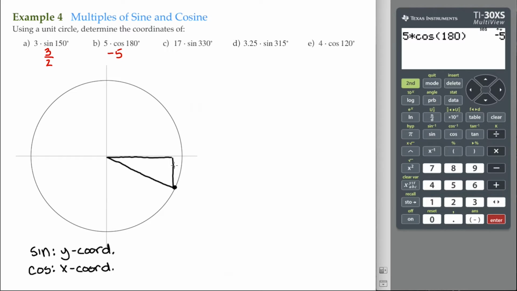Here's our opposite right here. That's a vertical length, and again, that's sine. That's relative to the y-coordinate. Of course, this is going down, so this is -1/2, using our pattern for our 30, 60, 90 special right triangle. 17 times negative 1/2, that's negative 17 halves.